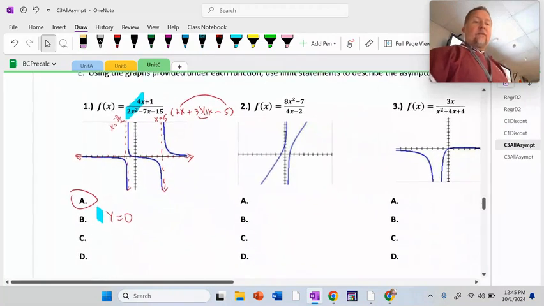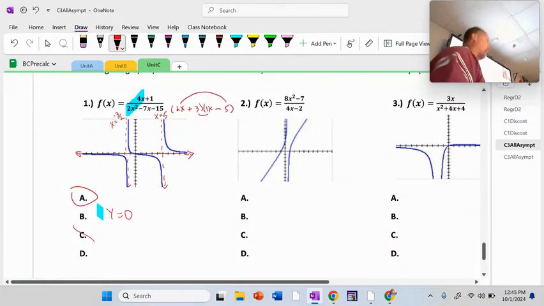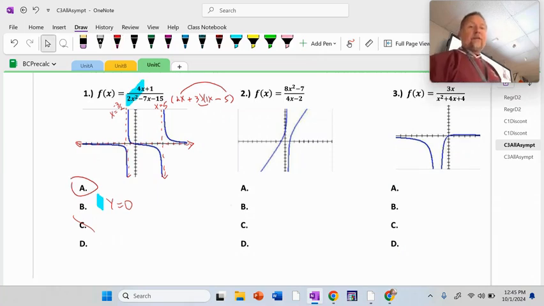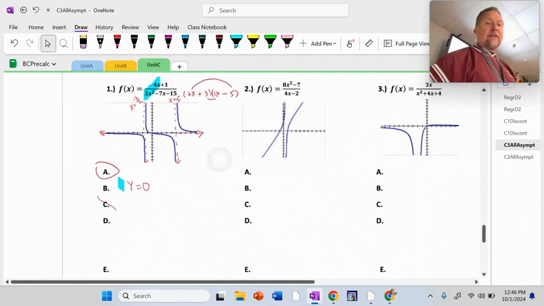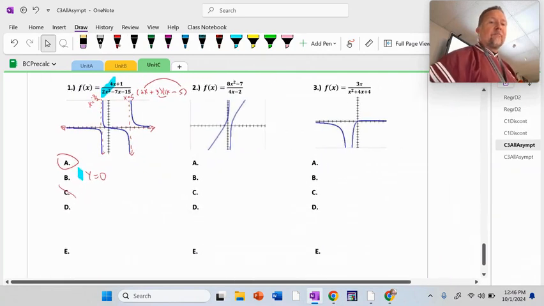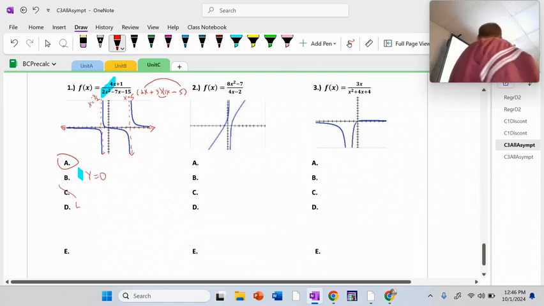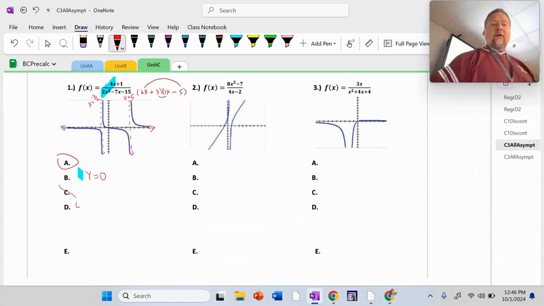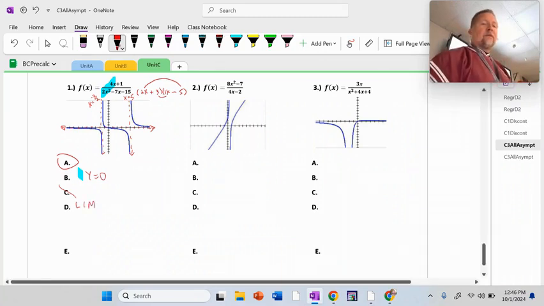What does it say about C? Well, if I have a horizontal, I don't have a slant. It's one or the other. Okay, now end behavior. This is what we're going to be able to do now. So the limit of f of x as x approaches negative infinity.